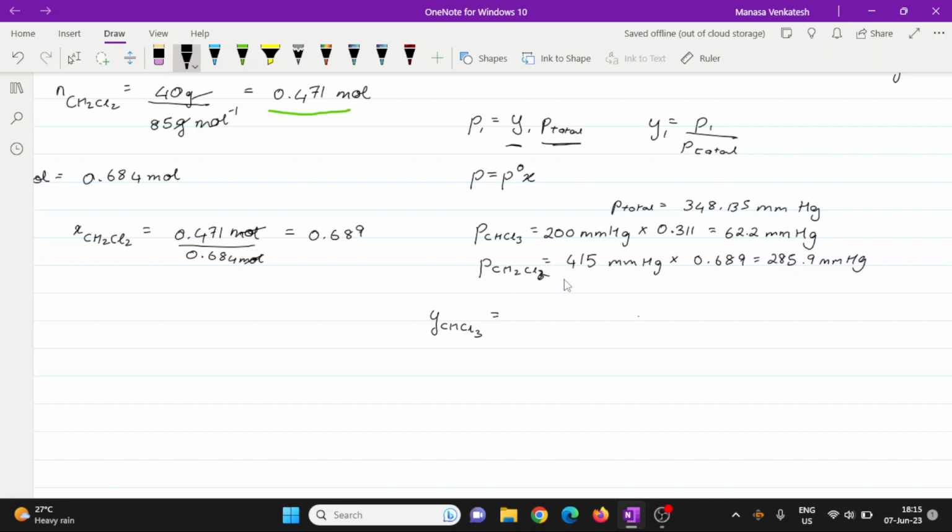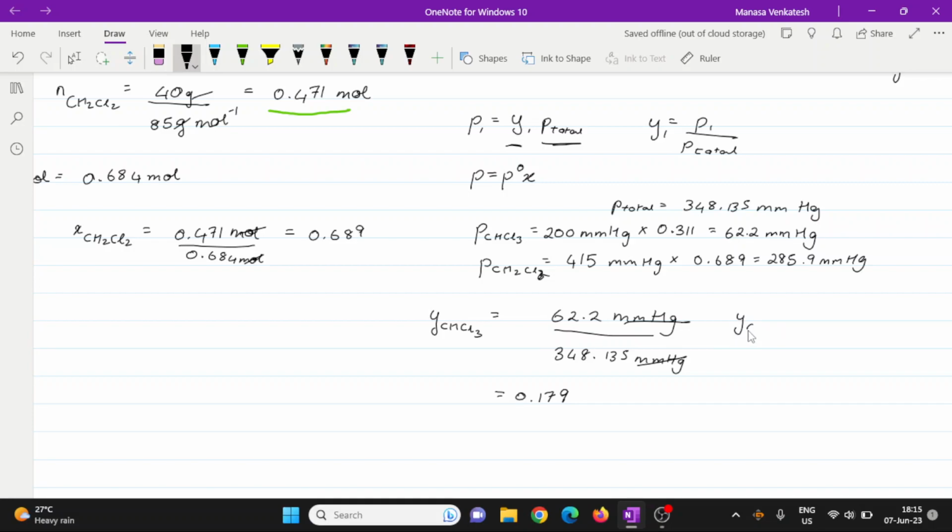So Y of CHCl₃ will be equal to P of CHCl₃, which is 62.2 mmHg, divided by 348.135 mmHg. This gets cancelled, so you don't have any units for the mole fraction, and when we simplify this, we get the value 0.179.